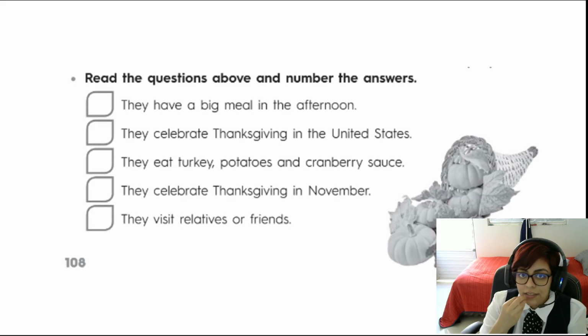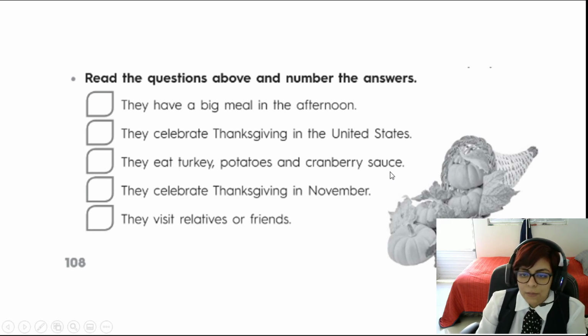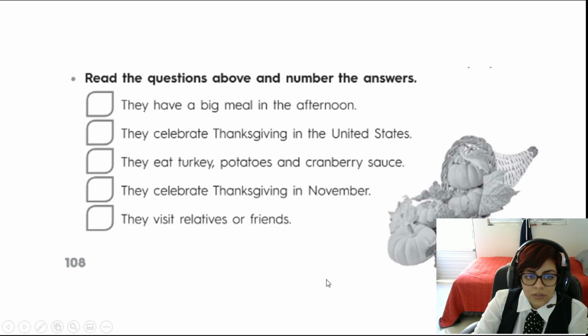They eat turkey, potatoes, and cranberry sauce. Okay, very good. So we are going to have the answers like this: number 4, 2, 5, 1, and 3. Very good, everyone. Okay, and that is everything for today.